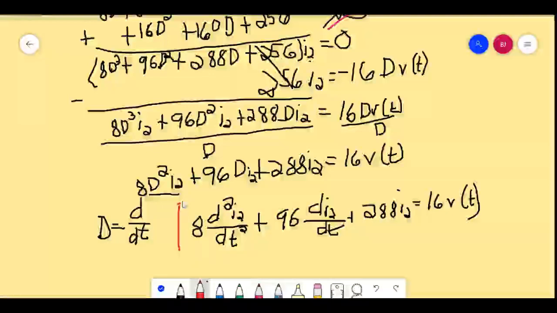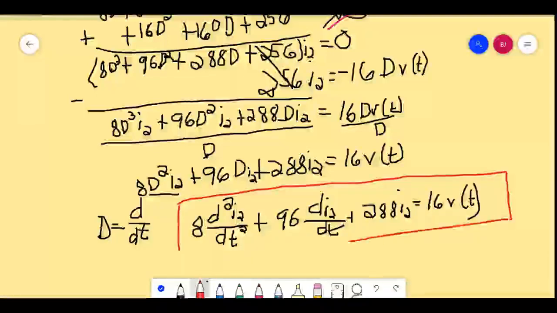So this is already the answer. This is the differential equation for I2.